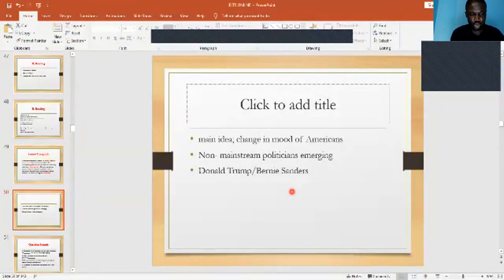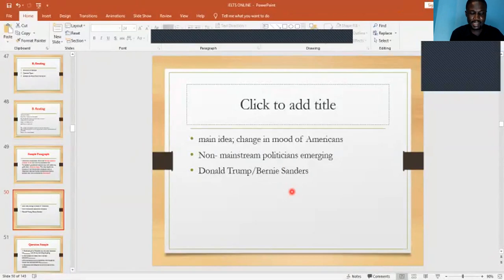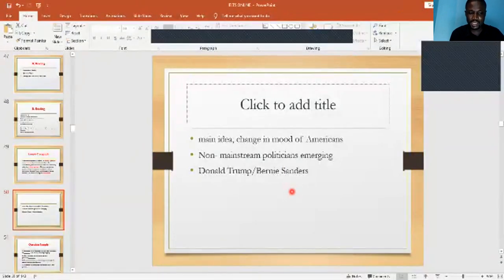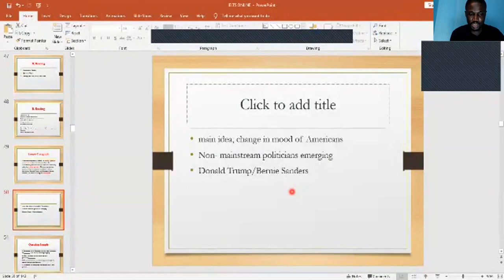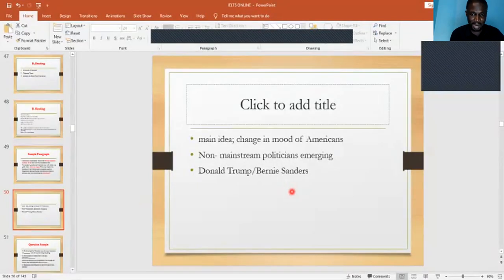Okay, one thing you need to note is that no matter how complex a paragraph is, if you are able to decode what the main idea is and the key things that happen, questions are normally targeted at main idea and the key things that happen. When we get into the question types, most especially matching task, those who have done the exam before, you know what I call matching task.